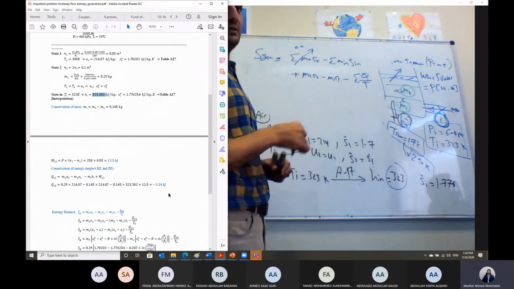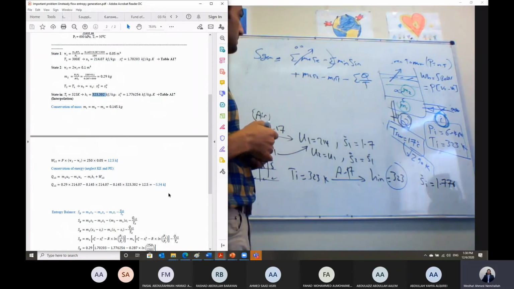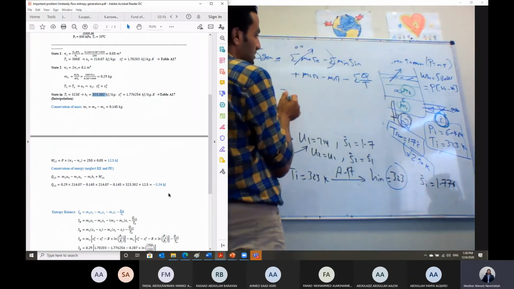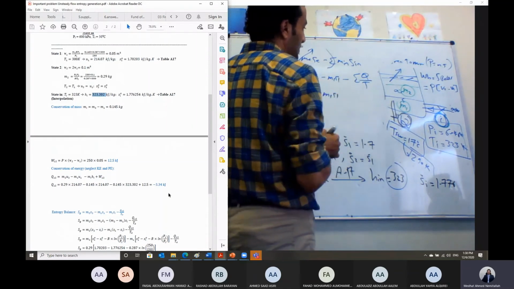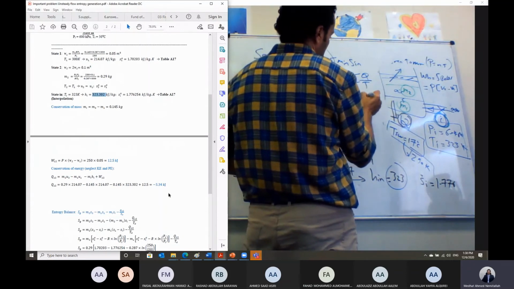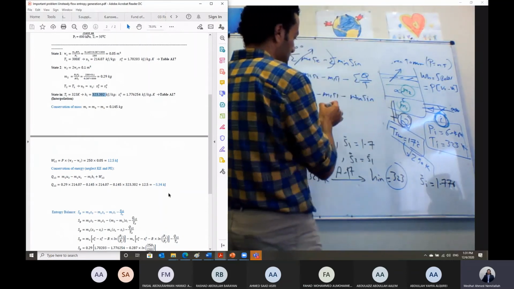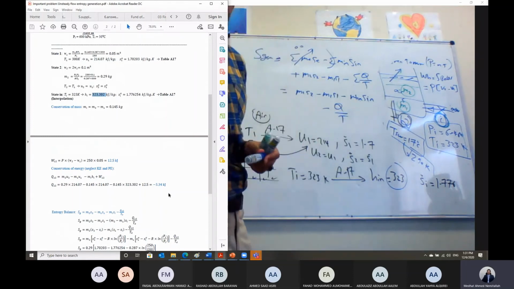Only we have mass in, and we don't have the summation, we have a single inlet. So that means the entropy generation will equal m2 s2 minus m1 s1 minus m inlet multiplied by the entropy s inlet minus Q divided by T. Okay.